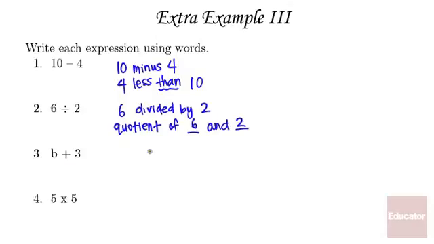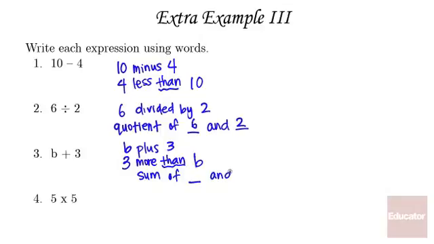Here, we can use the word plus, we can use more than, or we can use sum. If I'm going to use plus, then I just say b plus 3. If I'm going to use more than, since you have to switch them, I'm going to say 3 more than b. Or for the sum, I can say the sum of something and something, that'll be in order b and 3.